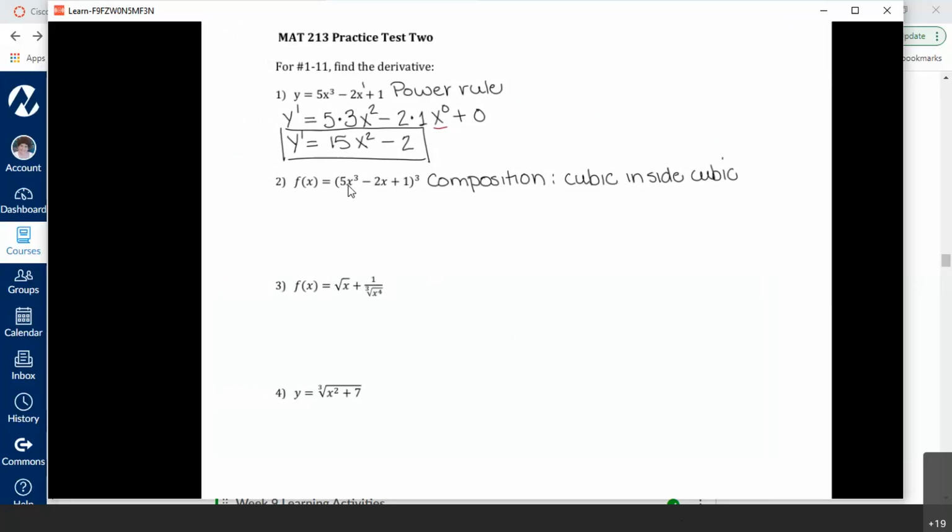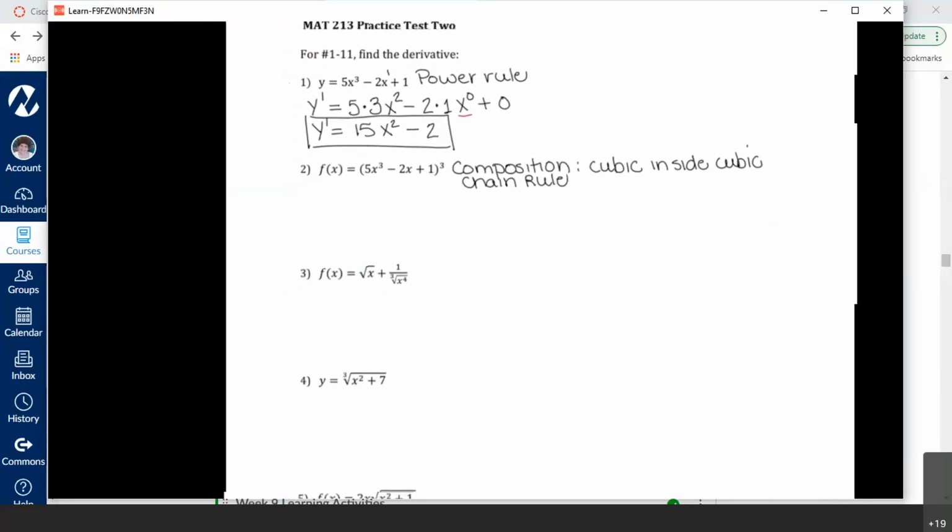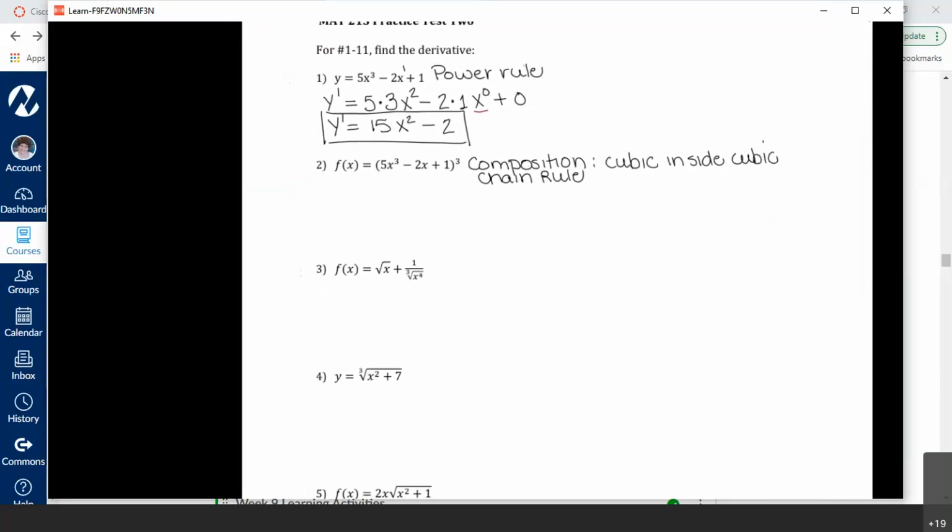And what's the inner function? It's this cubic here, 5x cubed minus 2x plus 1. So this requires the chain rule. And again, you need to recognize that before you even start. A big part of doing this is recognizing the shape of the function you're looking at.